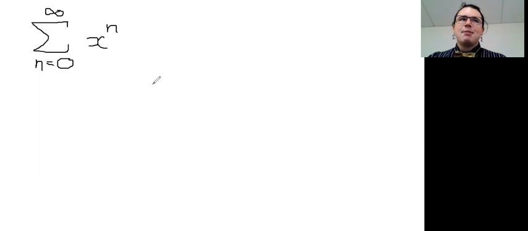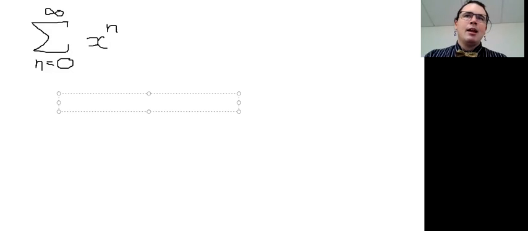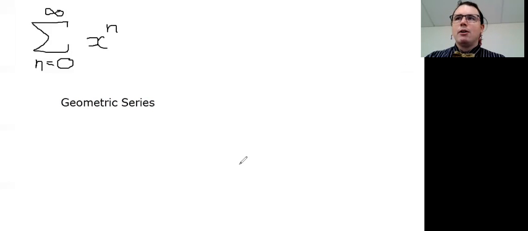So what I'd like to practice is using the series convergence tests to know when a series converges based on the value of x that I have. So here, I've got the sum n from 0 to infinity of x to the power n. Now this is a geometric series, just I use the letter x instead of the letter r.